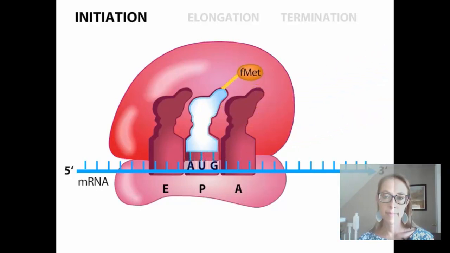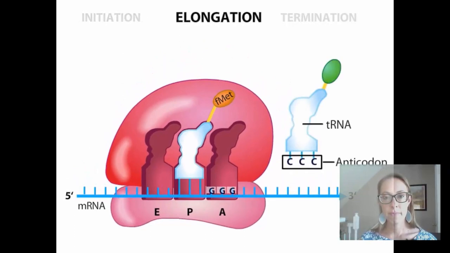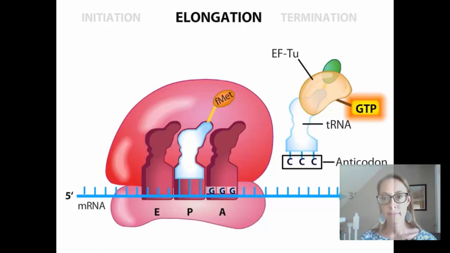Note that the ribosome has 3 tRNA binding sites: an acceptor, A site, also called amino acyl site, a peptide, P site, and an exit, E site. The ribosome is ready for elongating a chain of amino acids. Elongation requires an elongation factor called EFTU, associated with GTP, to bind to amino acyl tRNAs.